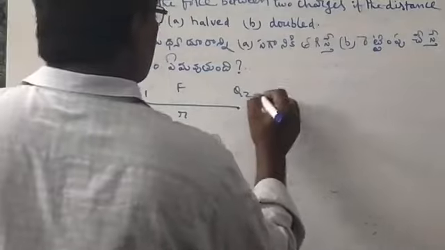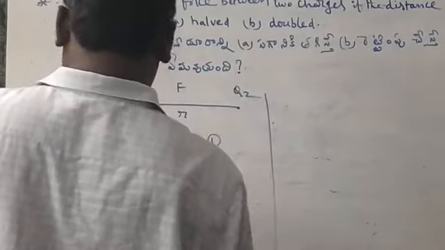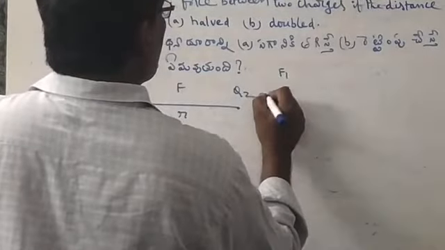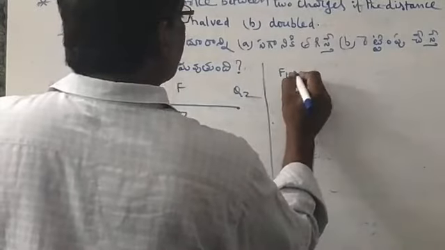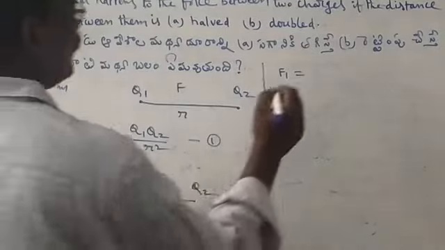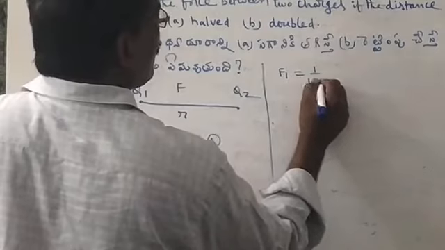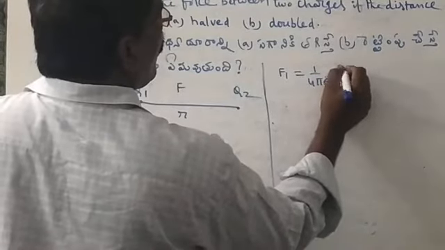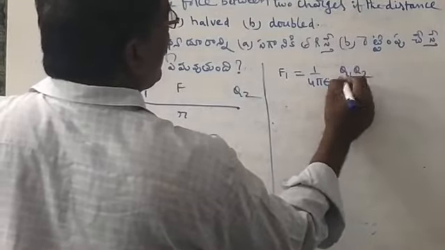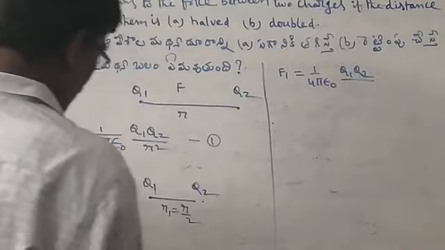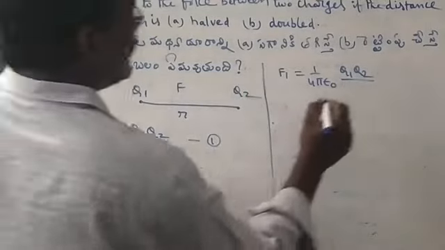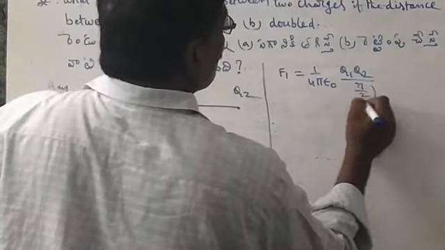That implies F1 is equal to 1 by 4 pi epsilon naught into Q1 Q2 by R by 2 whole square.